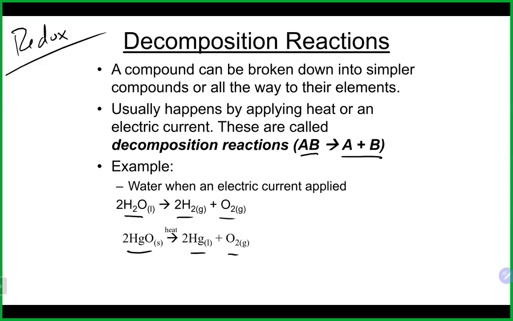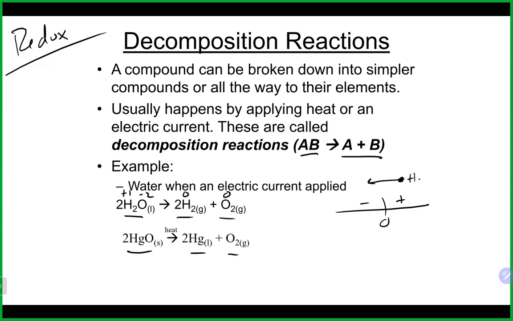This is our water there. If we run an electrical current across water, we will break water up into its elements. And in this direction, where we take water and break it back into its elements, we're actually going from +1 for the hydrogen, -2 to 0 and 0. So again, in this direction, breaking it apart, the hydrogen is starting at +1 and ending at 0.